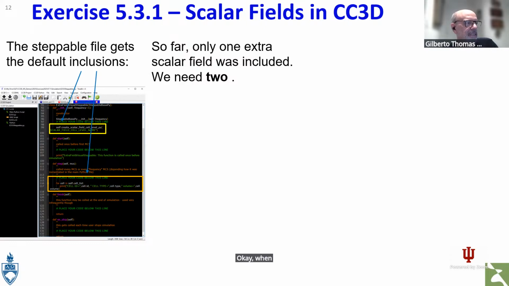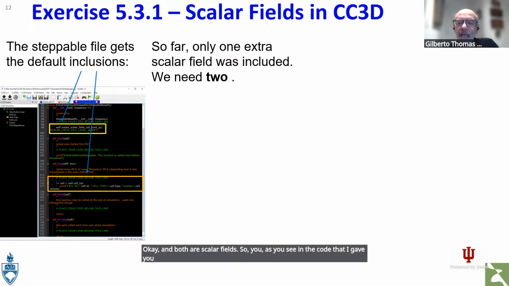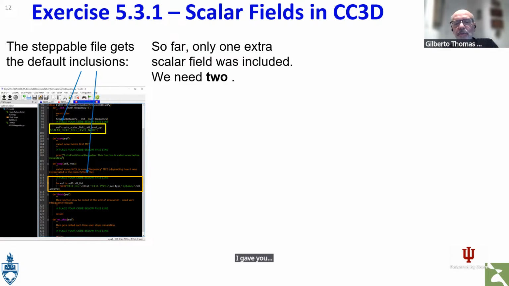When you use the wizard, the drop-down menu, actually only one entry is added when you add the steppable. But we are going to need two entries, one for pressure, one for volume. Both are scalar fields. As you see in the code that I gave you, you have two lines, I think 104 and 105, one for pressure and the other for volume.